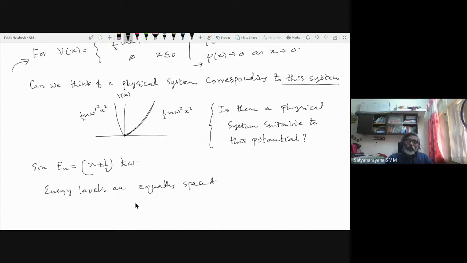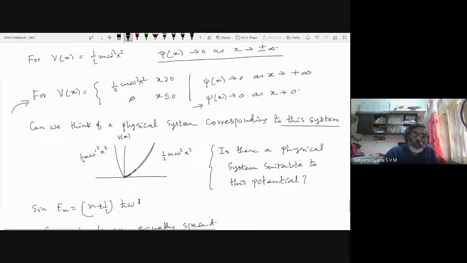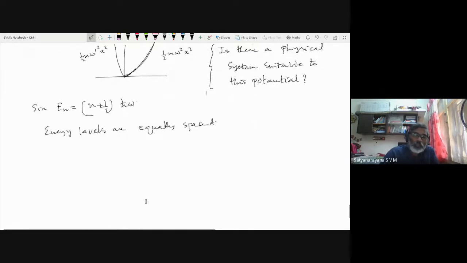Suppose we want to do some experiment in the lab. What kind of system should we choose? So these are some issues related to the harmonic oscillator, and of course there are many others, but we can see what more.